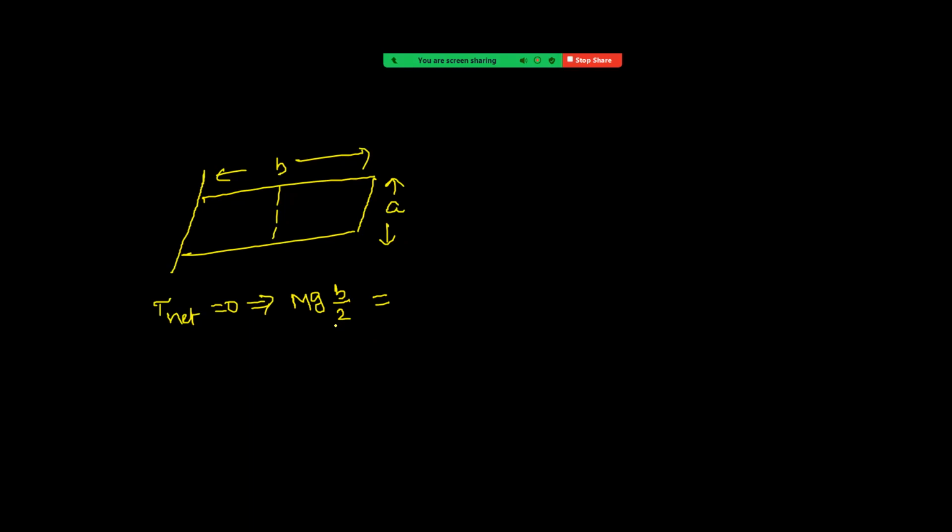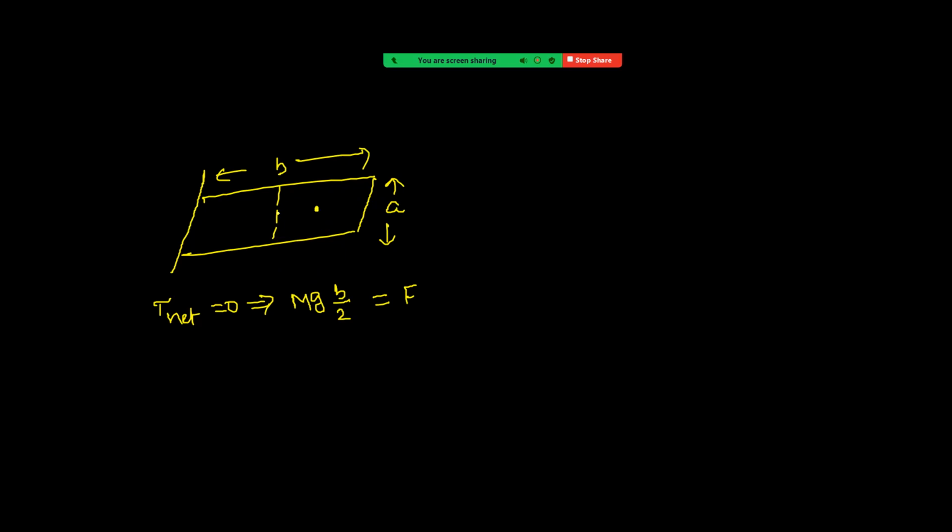This torque must be balanced by the force because of collisions. Suppose F is the force because of collisions, F into the distance. You can see those are making collisions only with this half part. So we can assume now that the entire force acts at the midpoint of this half part. See the distance of this point from the axis.